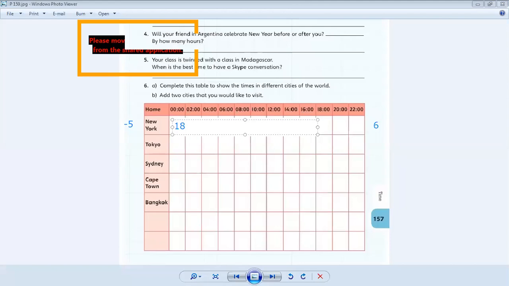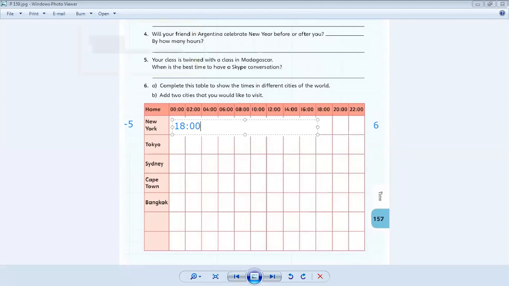Okay. So 00 minus 6. We can count hour by hour. 12 o'clock.